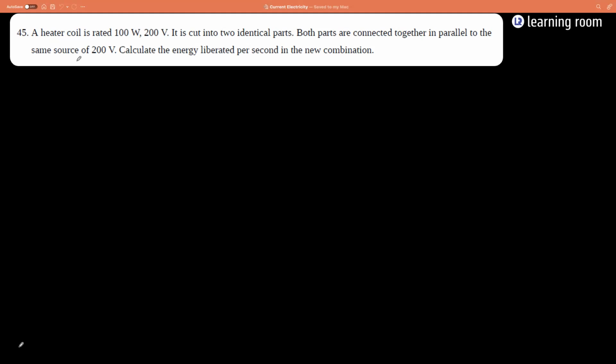Correct. So first, what are we supposed to do? You need to calculate the resistance of the wire. How much is going to be the resistance of the heater coil? You can use the formula V square by P. So V square is 4 into 10 power 4 divided by 10 power 2. So it will be 400 ohm. Now it is cut into two identical parts.